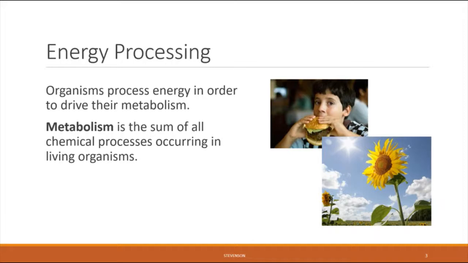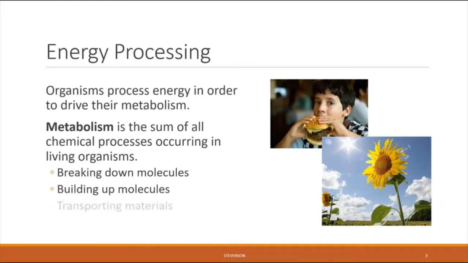And organisms need energy for just about everything that they do in their metabolism. This is regardless of whether they are a plant or an animal or a microscopic organism or any other type of living thing. They need energy in order to break down large molecules into smaller ones. They also need energy to build up large molecules from smaller ones.